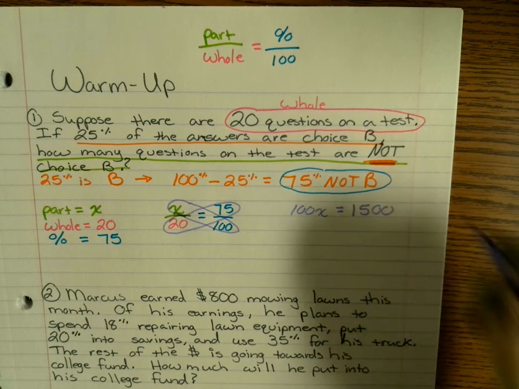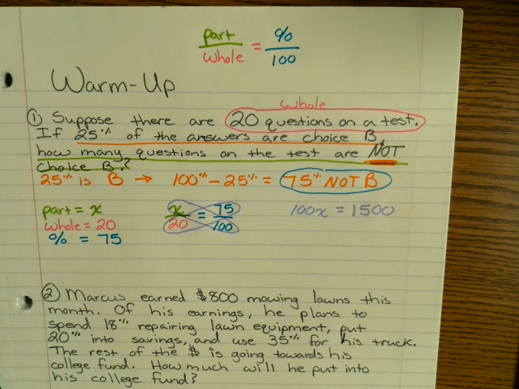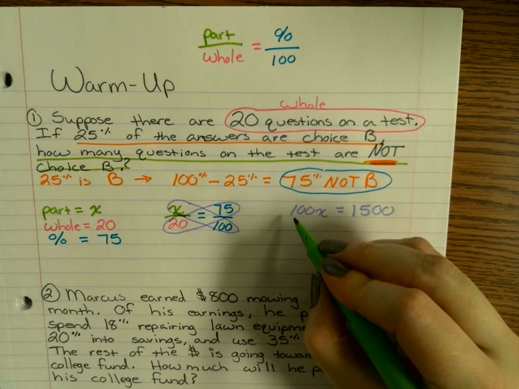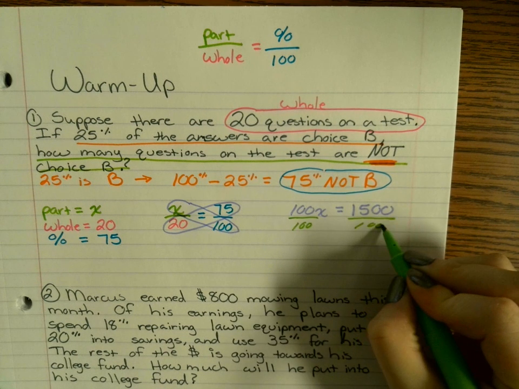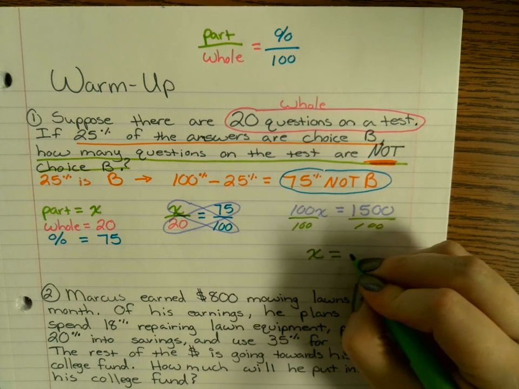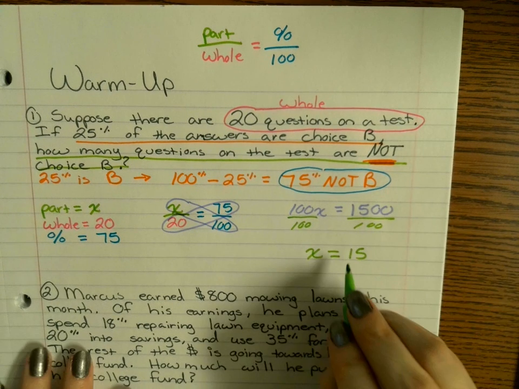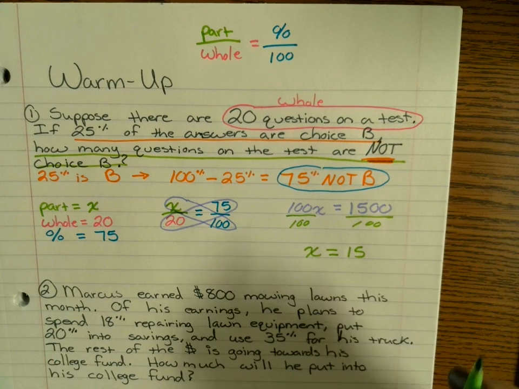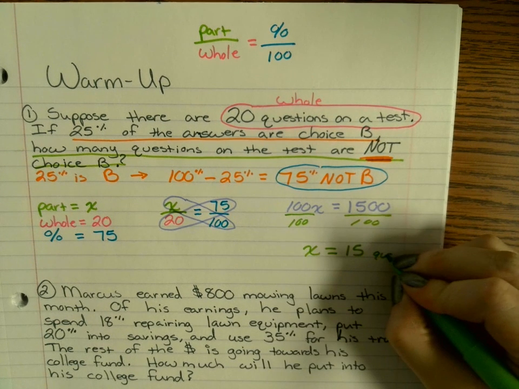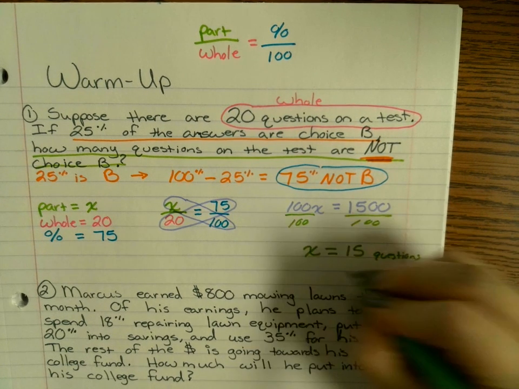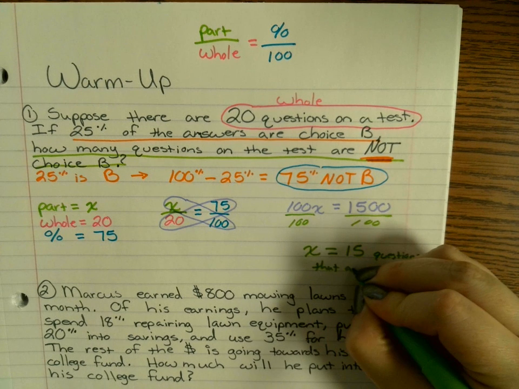From here, we would solve by dividing both sides by 100. And we'll get x is going to be equal to 15. So that means there's 15 questions that are not answer choice B. That's 15 questions that are not B.